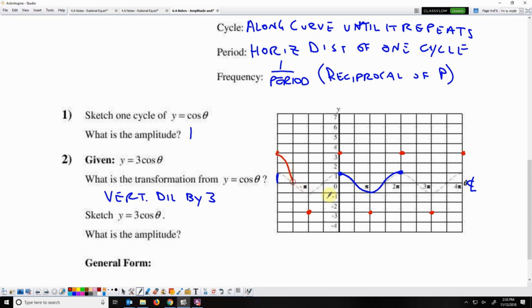It meets this theta axis at the same point as it did before. Okay, so there is my graph of y equals 3 cosine theta.